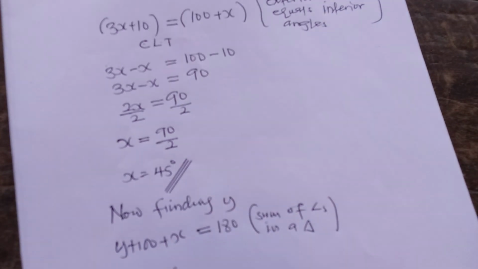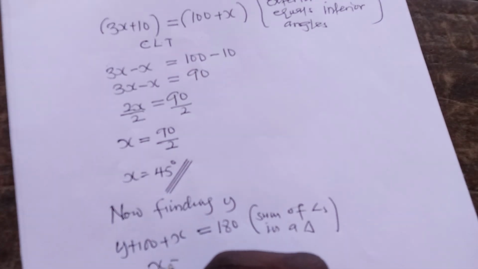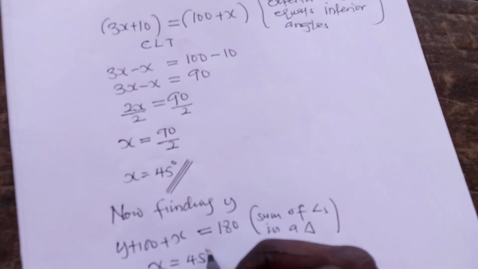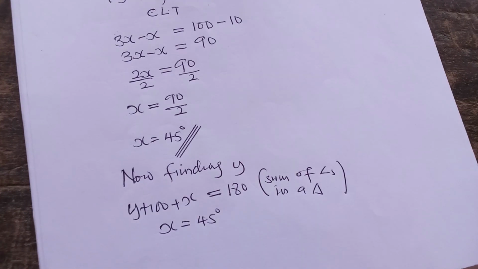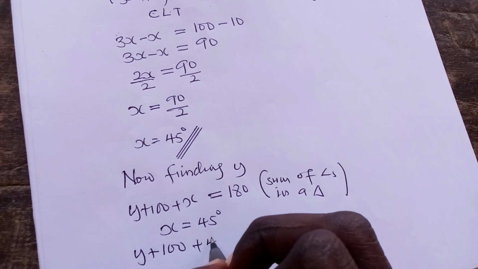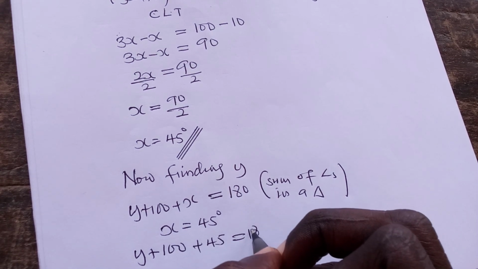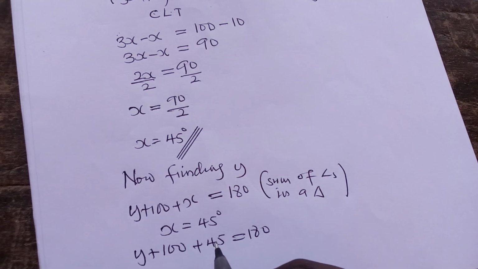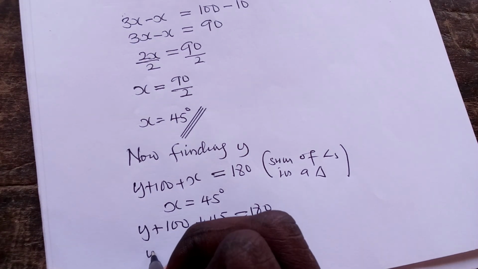But we know the value of x already: x is equal to 45 degrees. Now we substitute so that we have the value of y. We say y plus 100 plus 45, then everything becomes 180 degrees. We know 100 plus 45 gives you 145.